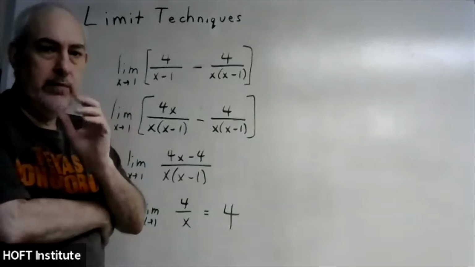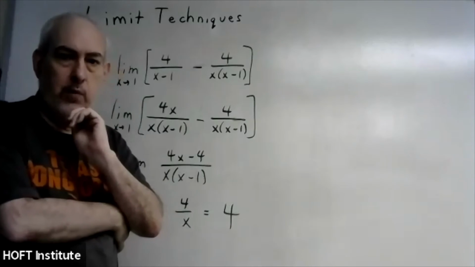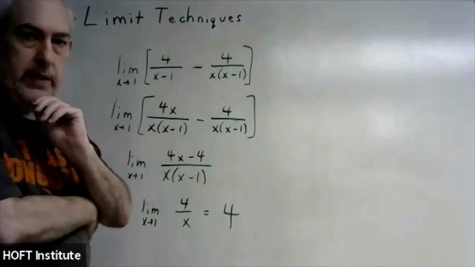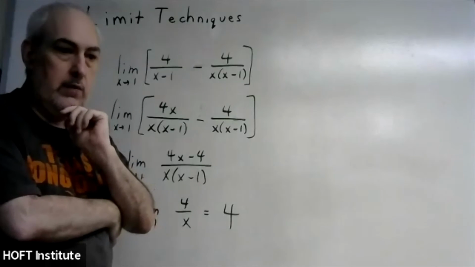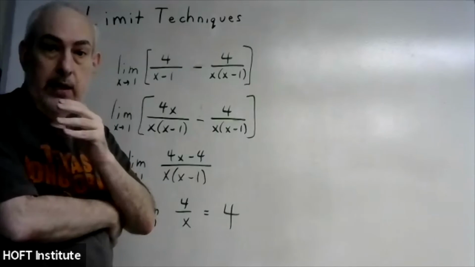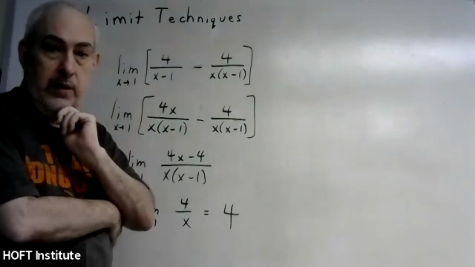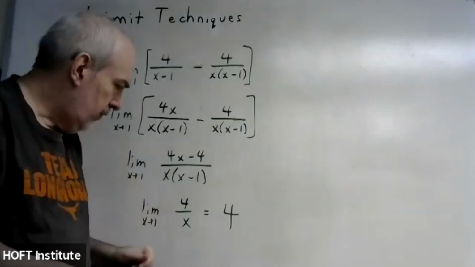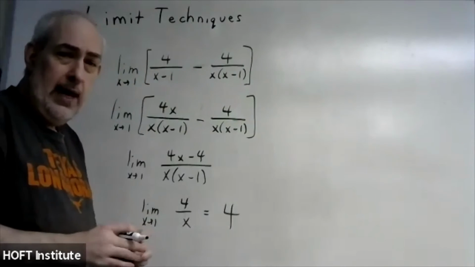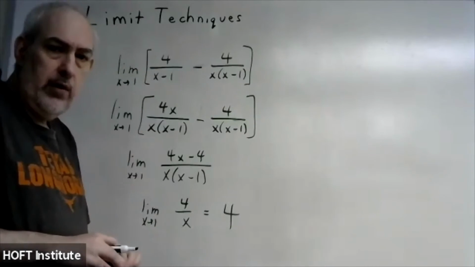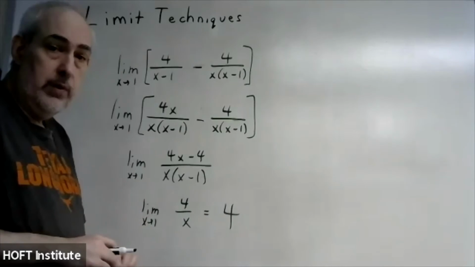We'll have a way to evaluate all of the indeterminate forms using derivatives. But even now, some indeterminate forms you can solve simply by doing some of the limit techniques. Let me explain what indeterminate forms we can solve right now, and I'll do a couple more examples of the last couple of indeterminate forms.